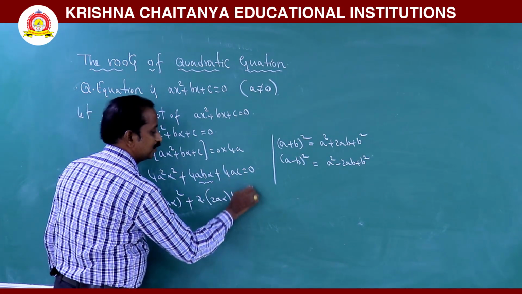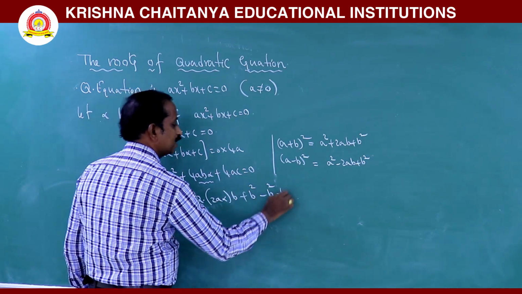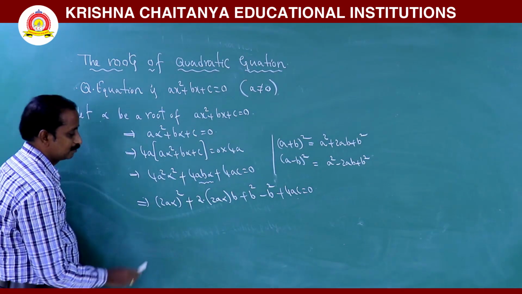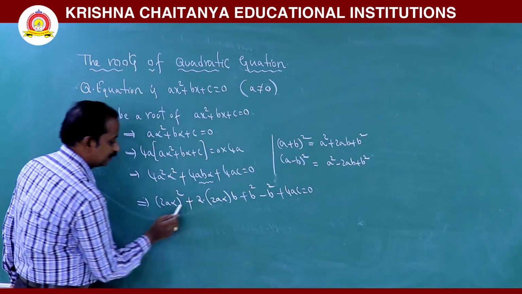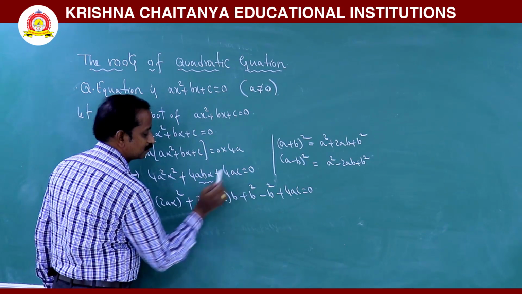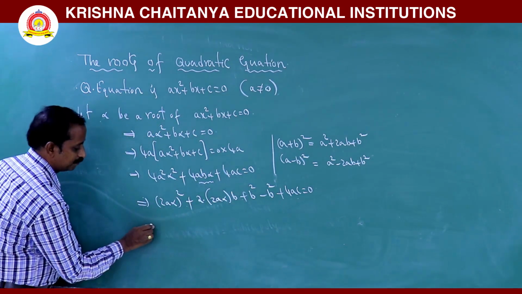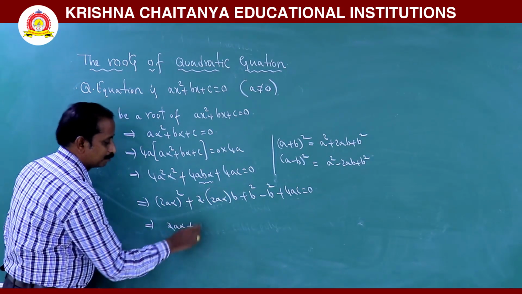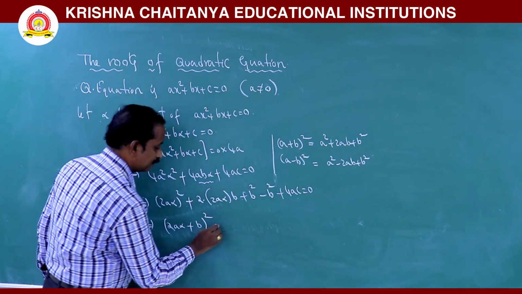Therefore plus b² minus b², with 4ac already there, is equal to 0. If you assume this is a and the remaining is b, it is in the form a² + 2ab + b², which can be written as (a + b) whole square. Here a means 2a·alpha, b means b, whole square, and what is remaining?